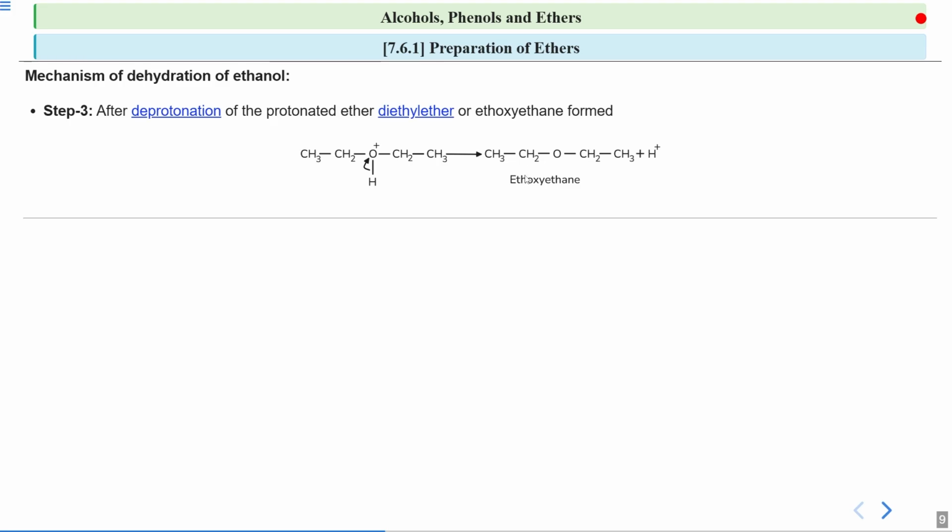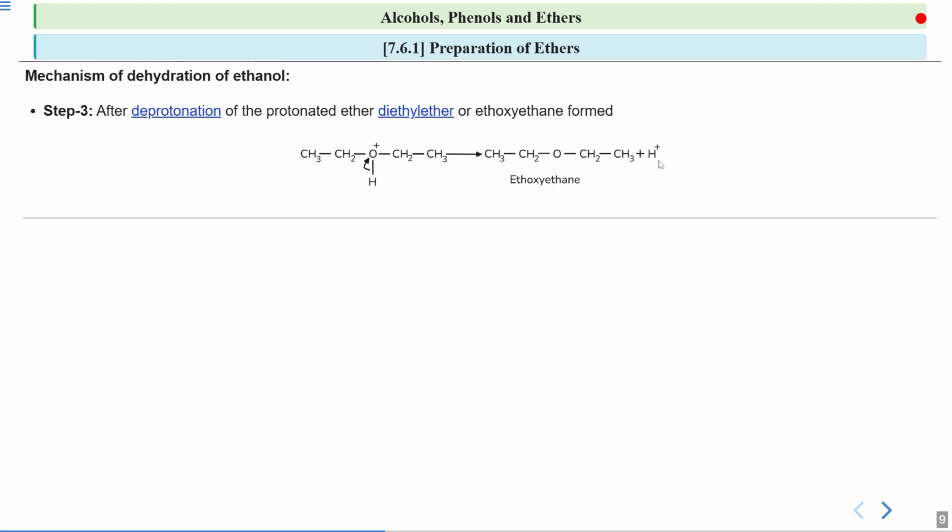See again, on both the left and right side you have 2 carbon atoms, so it is ethane on both sides. You can take any one of them as the alkyl group or alkoxy group. If this is the alkoxy group, this is ethoxyethane, and this H plus is left from this group.